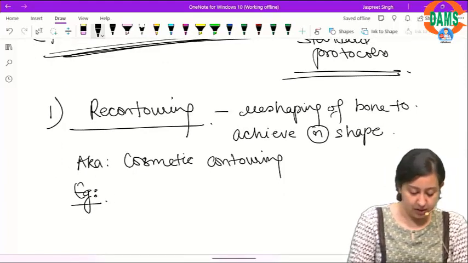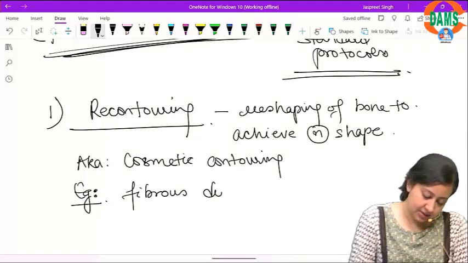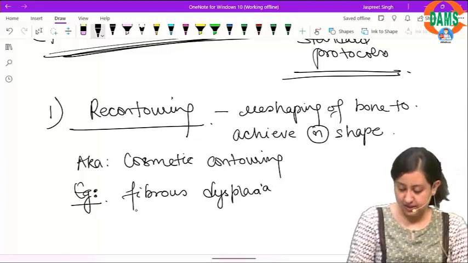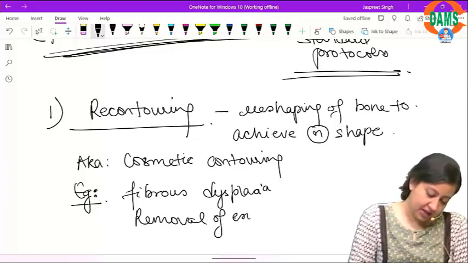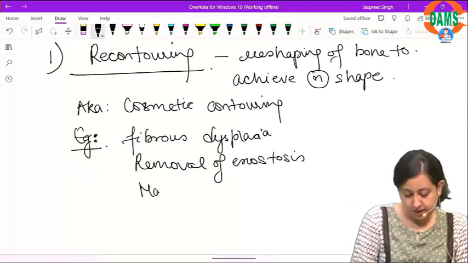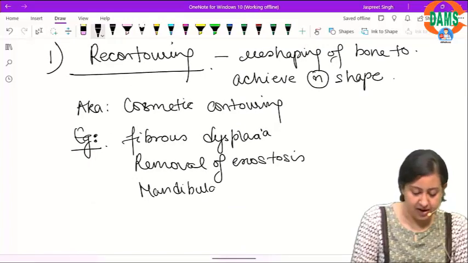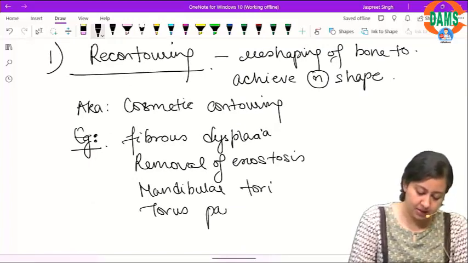Examples where recontouring can be done are fibrous dysplasia, removal of exostosis, mandibular tori, or torus palatinus.